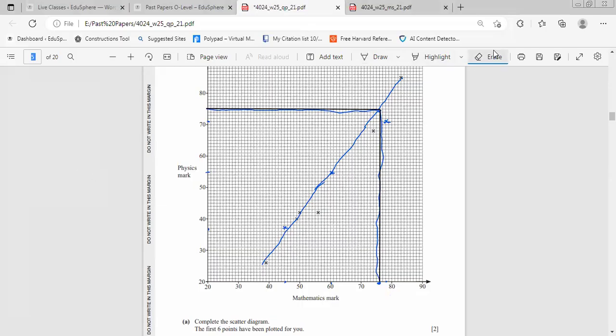Or just in case, if I highlight it, it would be even better. So let me quickly highlight it.